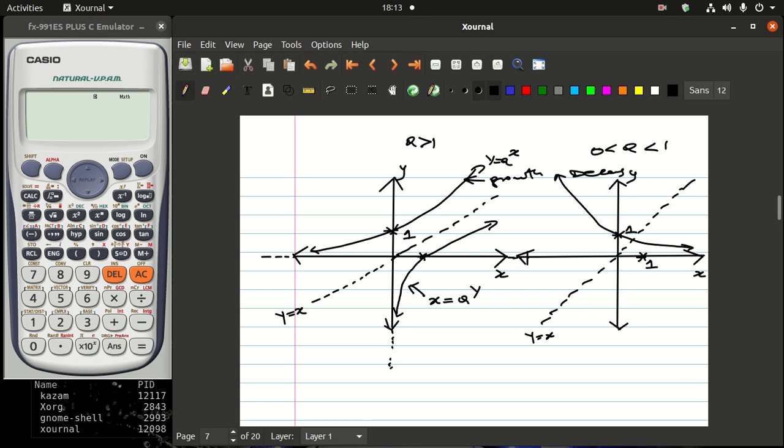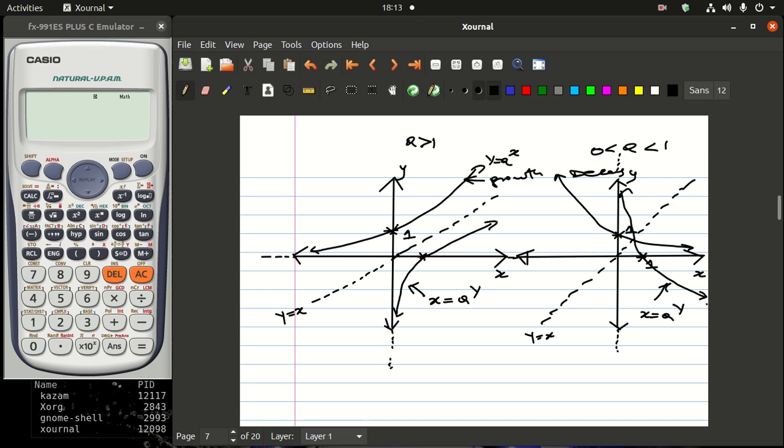And this horizontal asymptote becomes a vertical asymptote. When y is equal to 0, we have a horizontal asymptote, so at x is equal to 0 we should have a vertical asymptote. Here you will see the curve is not going to touch this asymptote, but it's going to pass through 1, and it's going to go on like that. So we have these two curves, and this of course is x is equal to a to the exponent y.